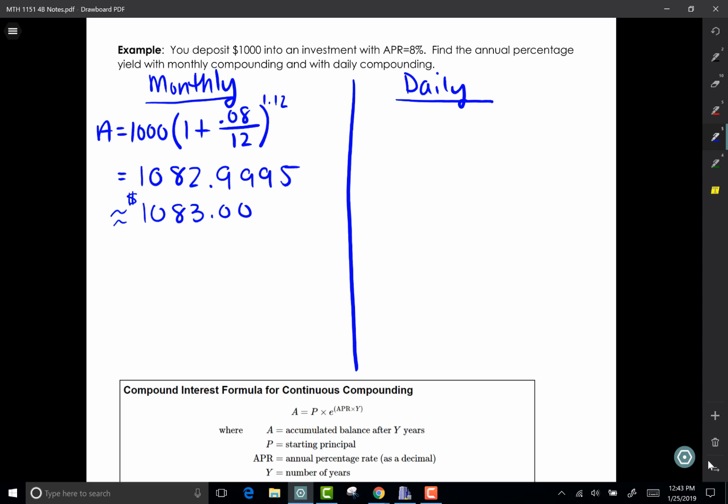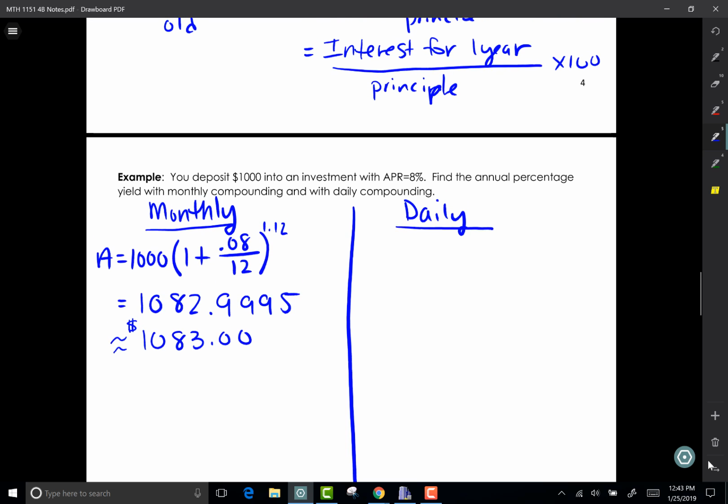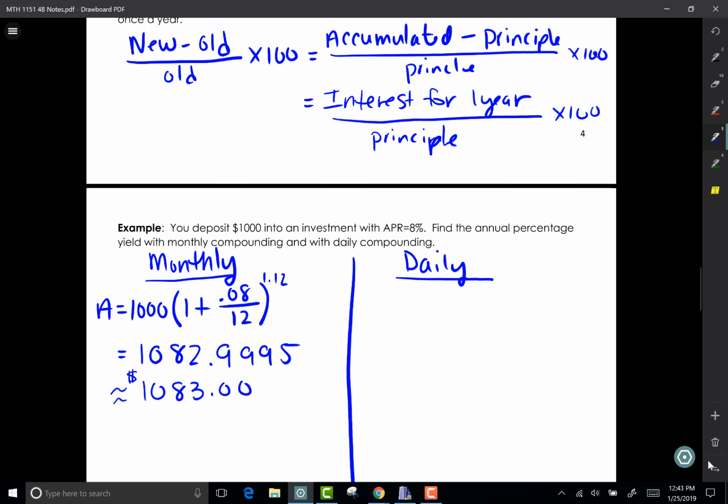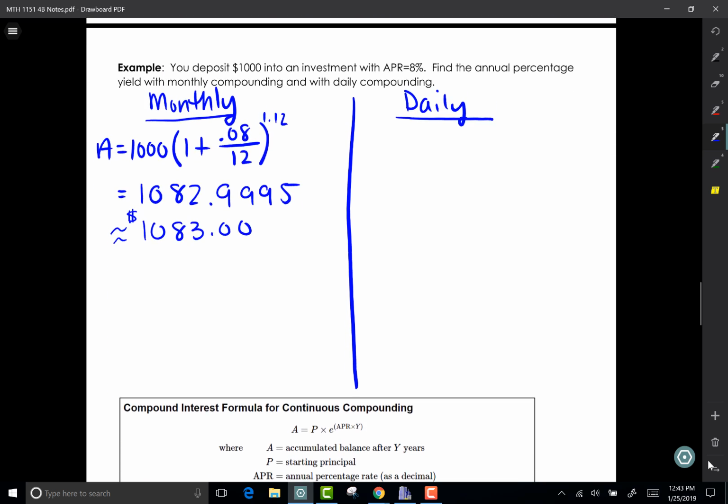Okay, now, if I calculate the relative change in percentage from the beginning of the year to the end of the year, we started with 1,000, we ended with 1,083, and if I subtract the principal from the accumulated amount, the new versus the old, really I'm looking at just the interest for that 1 year.